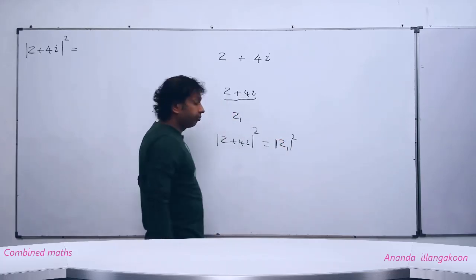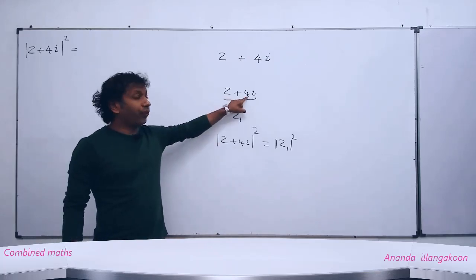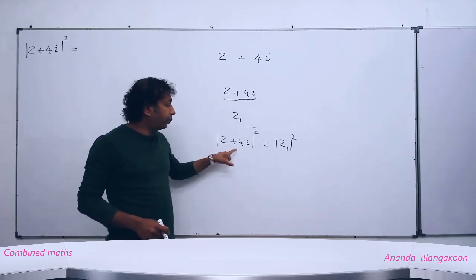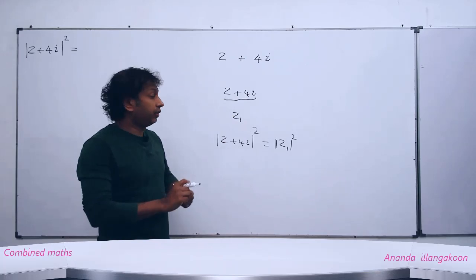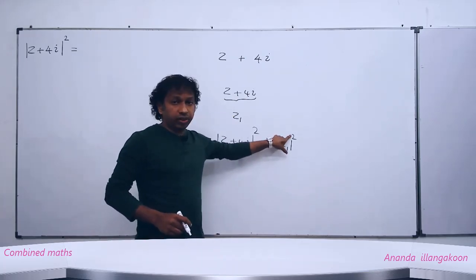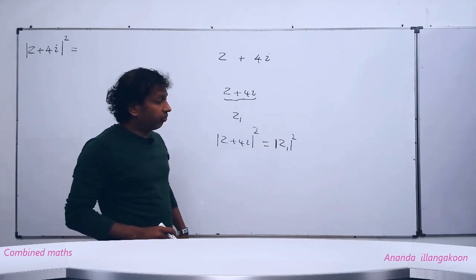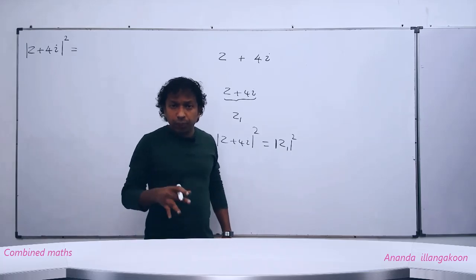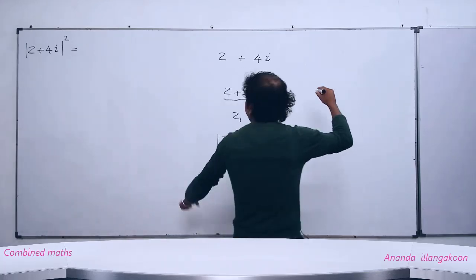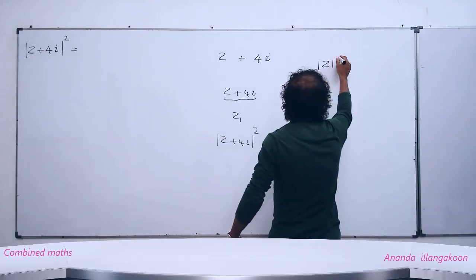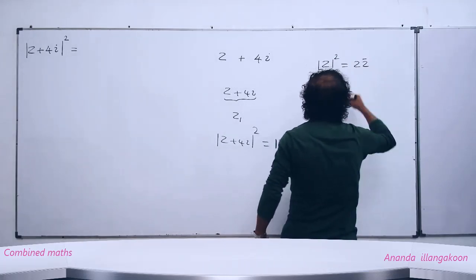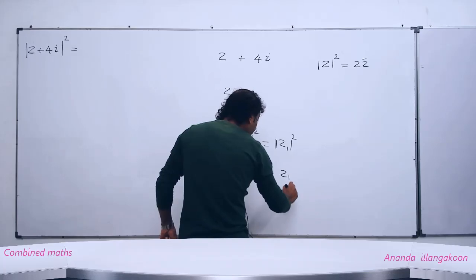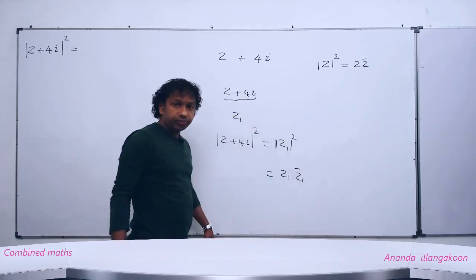Understood? Okay, I am going to take z plus 4i. It is a single complex number. No, I am going to take that as z1. Then z plus 4i modulus perfect square means really what? Z1 modulus perfect squared. Mod z1 perfect squared. People, we know perfect square of the modulus of a complex number, right? Today we just now proved mod z perfect squared is equal to z times z bar. Then here, this one really is z1 into z1 bar, right?